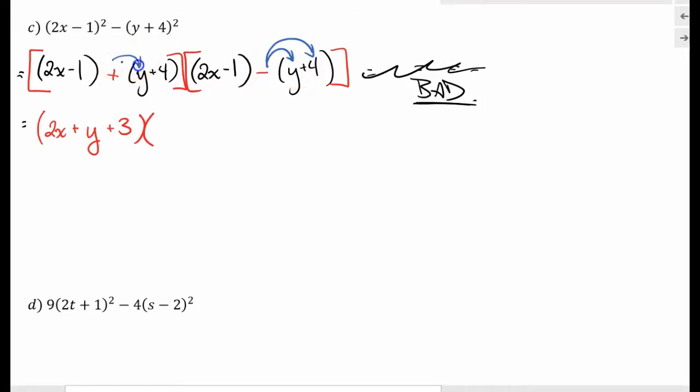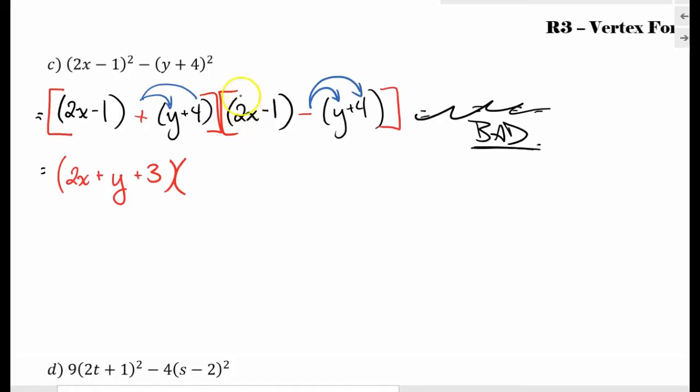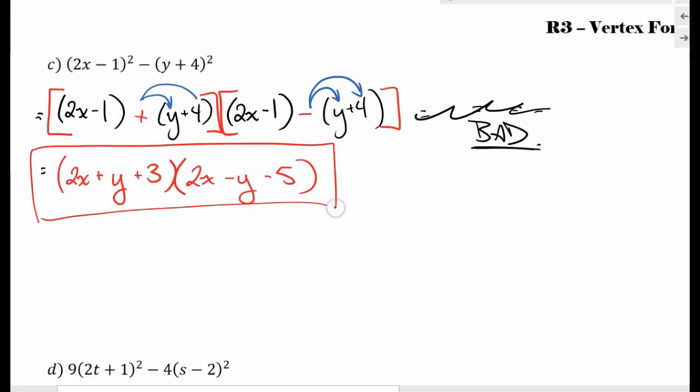The positive applied here, but it doesn't change any signs. So I've got, again, 2x. This time I'm subtracting y though, and I've got 1 minus 4 is negative 5. So that would be my final answer. I would have to try to collect as many like terms as possible.